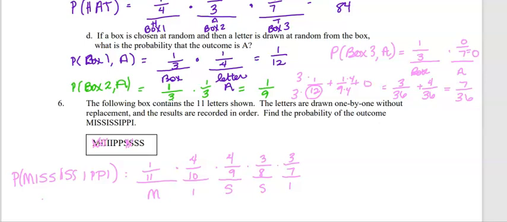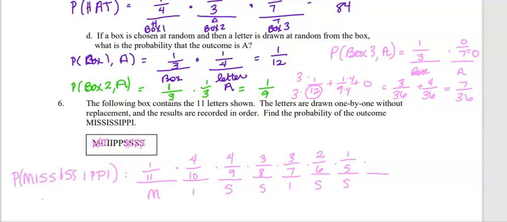That's removed. Now I need another S. Now there are 2 S's remaining and only 6 letters remaining with not replacing. Then I want another S. There's only 1 S left and there's only 5 letters left.